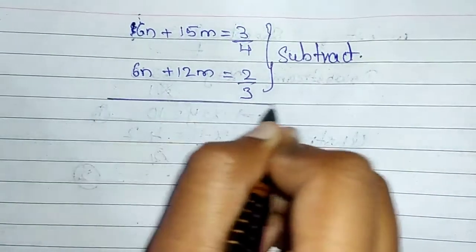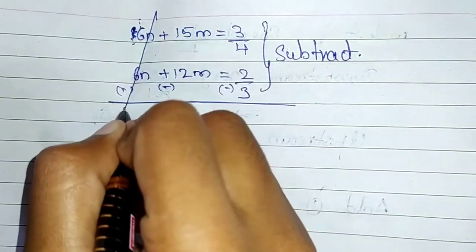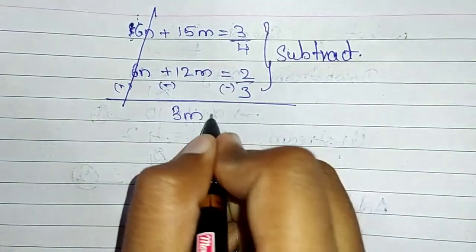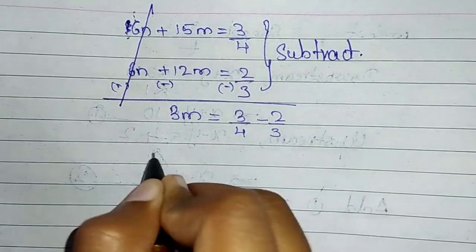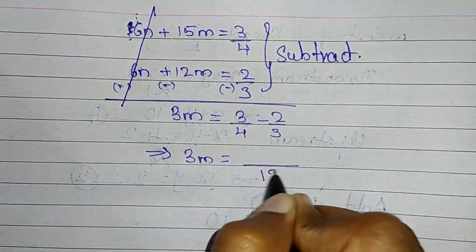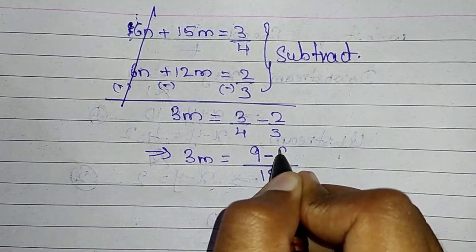Since we are subtracting, the signs at the bottom will change. 6N minus 6N cancels each other. 15M minus 12M, 3M is equal to 3 by 4 minus 2 by 3. This implies 3M is equal to, LCM is 12, 3 threes are 9 minus 2 fours are 8.